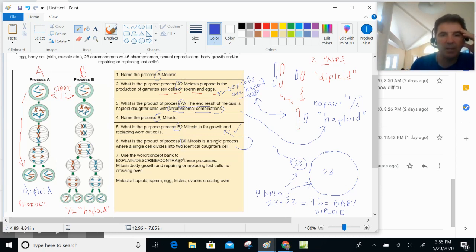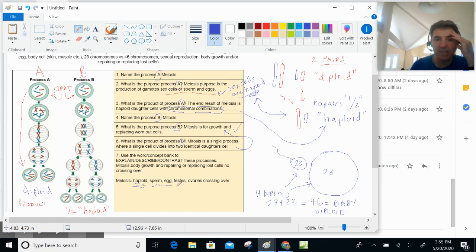Use the word bank concept to explain, describe, contrast these processes. So basically, mitosis is the process of producing identical body cells for the purpose of growth or to repair or replace lost cells. Those are going to be diploid. Meiosis is the process of making haploid sex cells like sperm and egg.